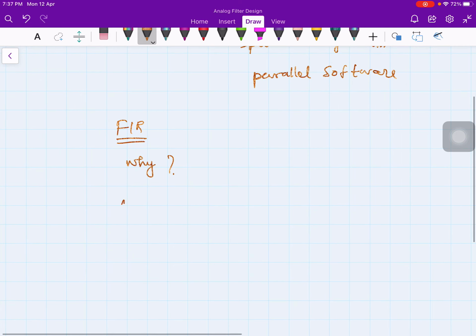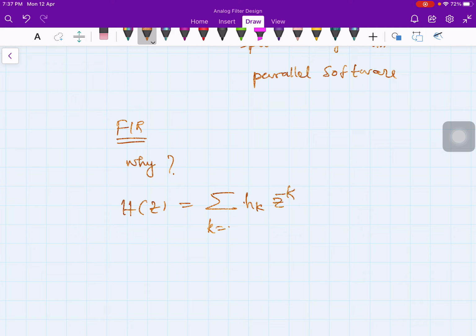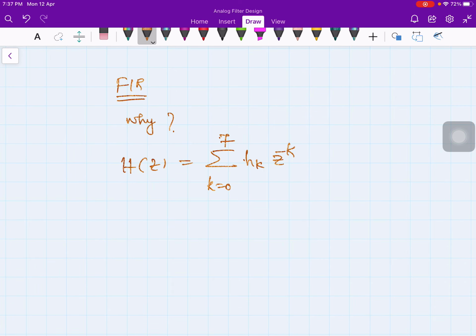Because if you have H of z, which is summation h_k z to the minus k, k equal to 0 to, let's say, 7, then 7 delays are needed whatever you decompose.